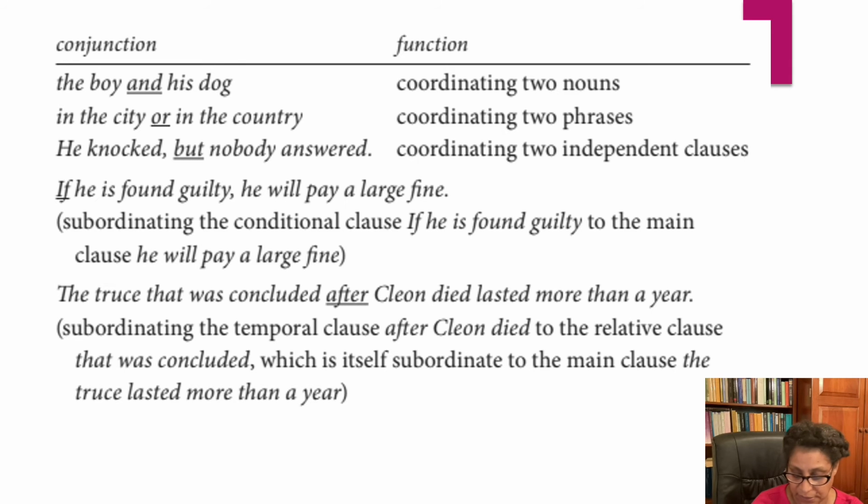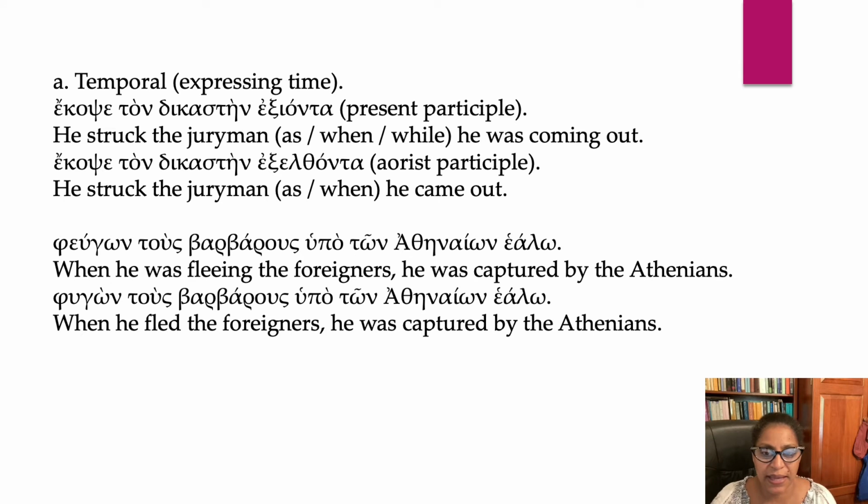Okay. Now, the most common way that ancient Greek likes to do a subordinate clause is with participles. The way subordinated ideas are handled in Greek is very different than in English and even in Latin. Greek likes to pile up subordinate or circumstantial ideas around the main verb.